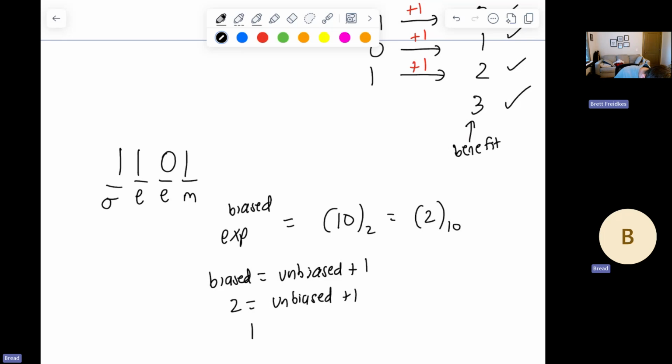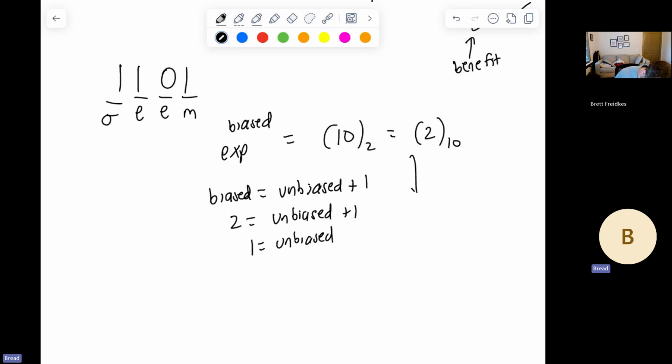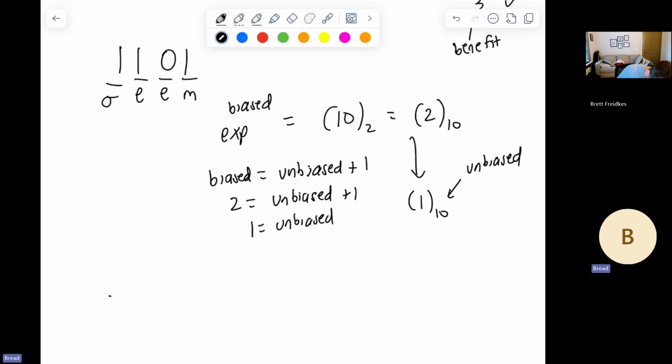Which means that our unbiased exponent is actually 1. So this is the unbiased, and it's +1. If I wanted to look at that in an unbiased floating point system, the M and the sigma are exactly the same. It's the P and the E that are a little bit different. The P is now a 0 because it's positive, and the E bit is just the 1.